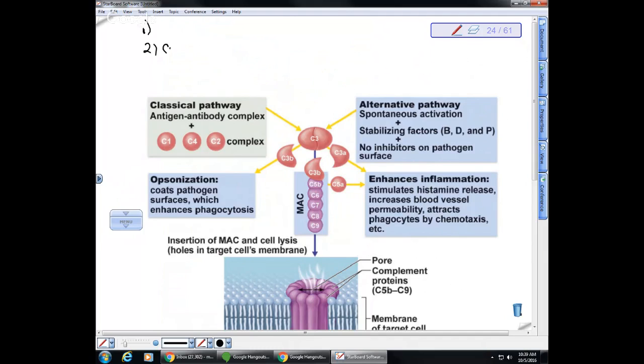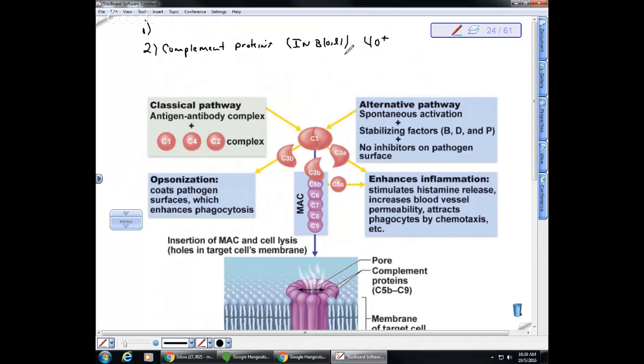The second type is the complement proteins. And these are in the blood. And there are 40 plus different kinds of complement proteins.